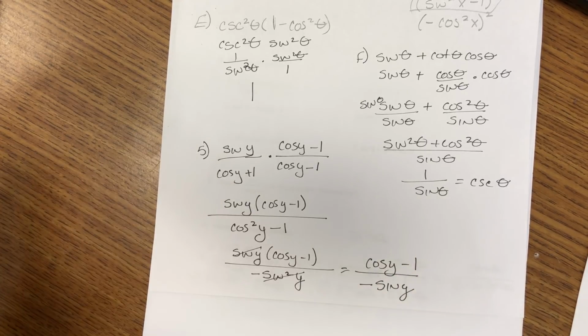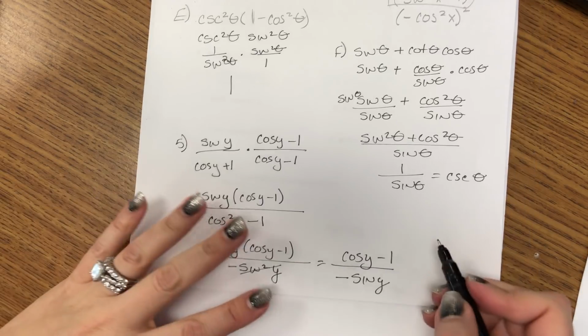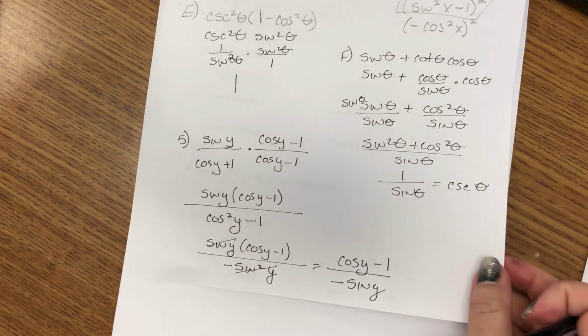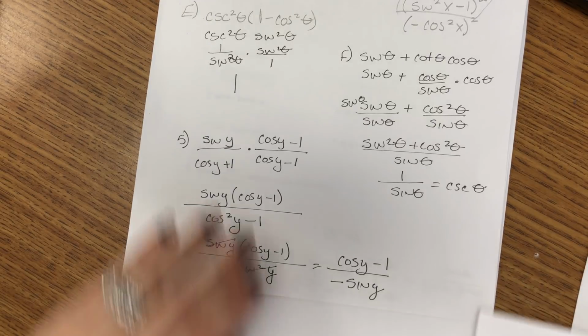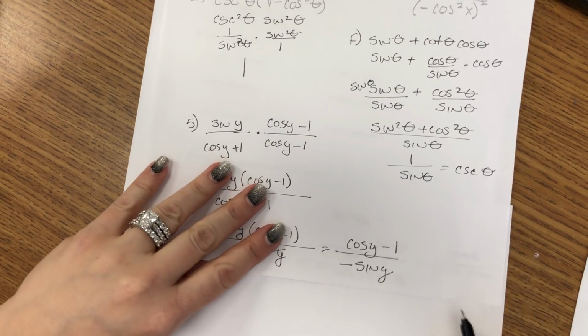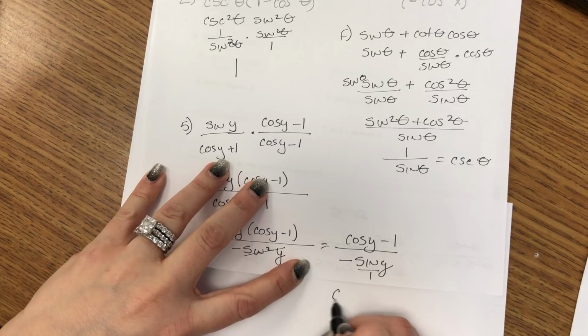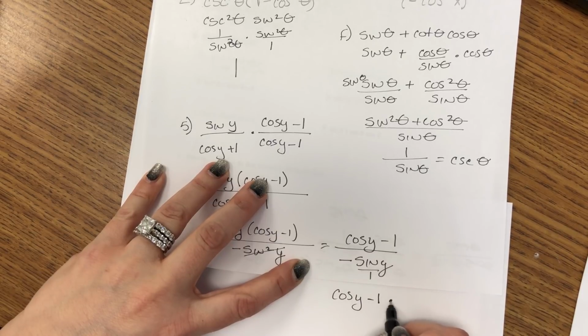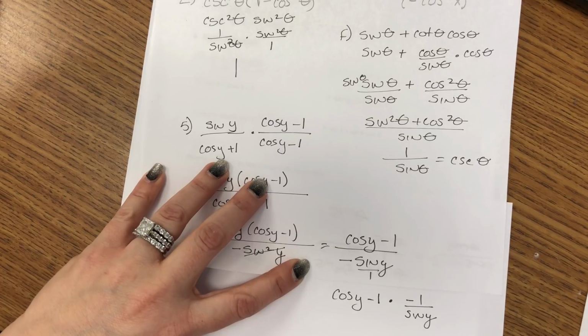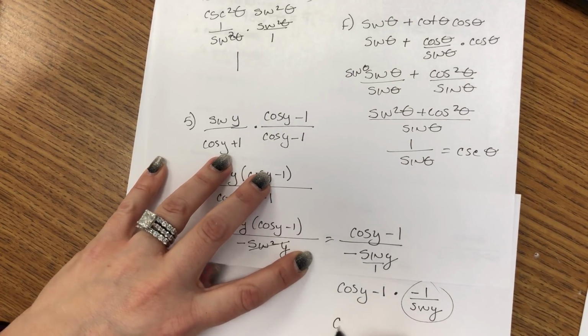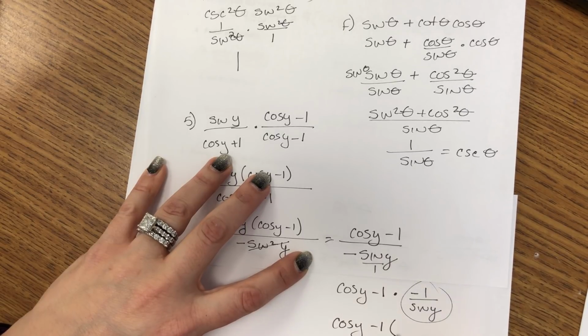Well, it's still a fraction. So instead of divided by sine, of course I ran out of paper again, I'm going to multiply by the reciprocal of the denominator. Then I know that 1 over sine is cosecant, but negative.